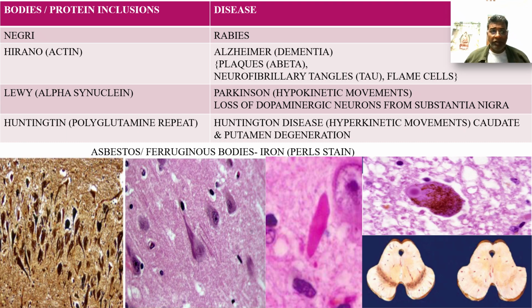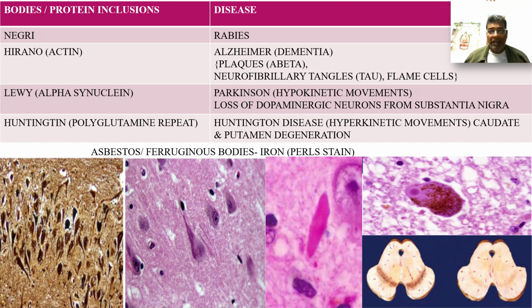Coming to the next neurodegenerative disease, that is Huntington's disease, where trinucleotide repeat mutations, CAG repeats, are seen. Hyperkinetic movements are seen here. Hypokinetic movements are seen in Parkinson's disease, whereas hyperkinetic movements are seen in Huntington's disease.